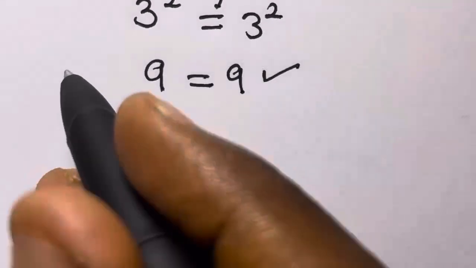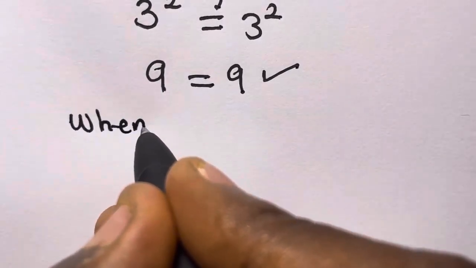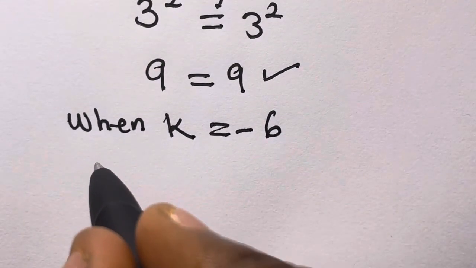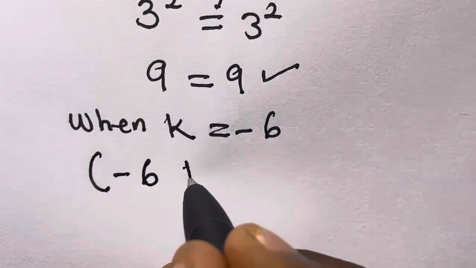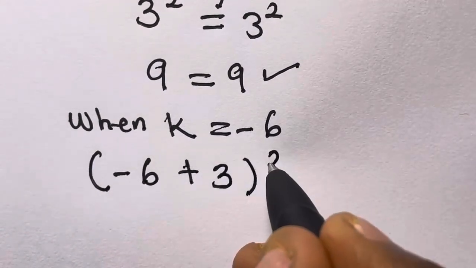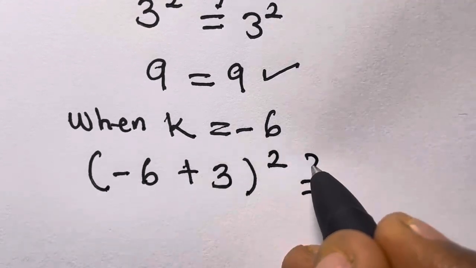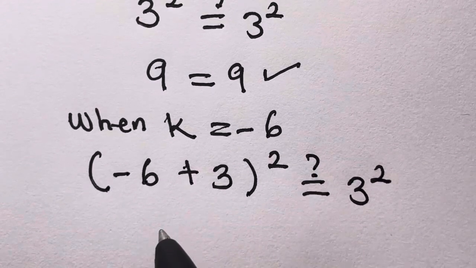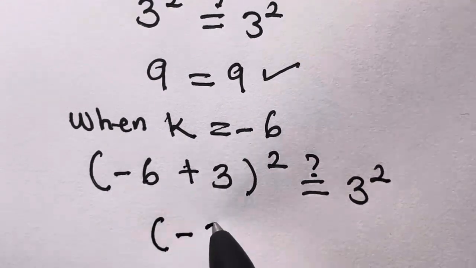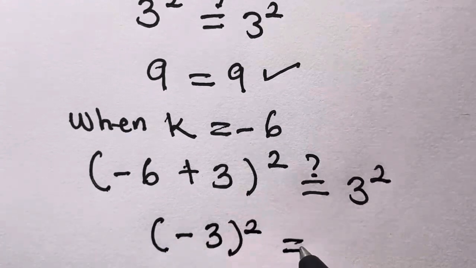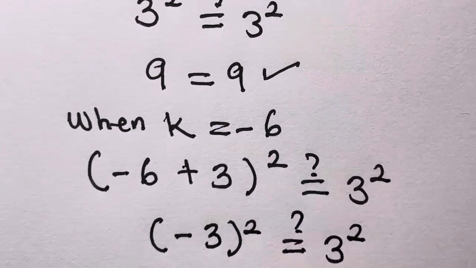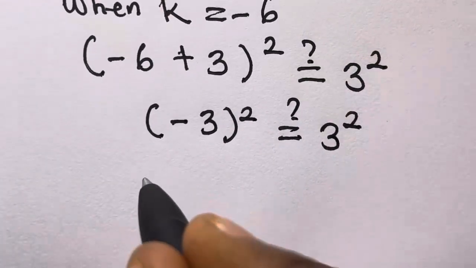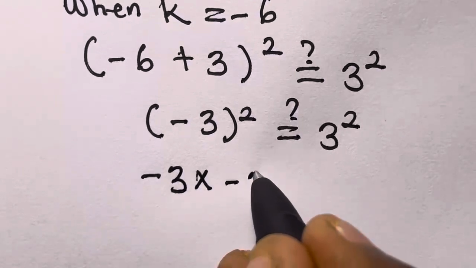For the second solution, when k equals minus 6, we'll have (−6 + 3)². Is this equal to 3²? Minus 6 plus 3 gives us (−3)². Is this equal to 3²? So (−3)² is minus 3 times minus 3.